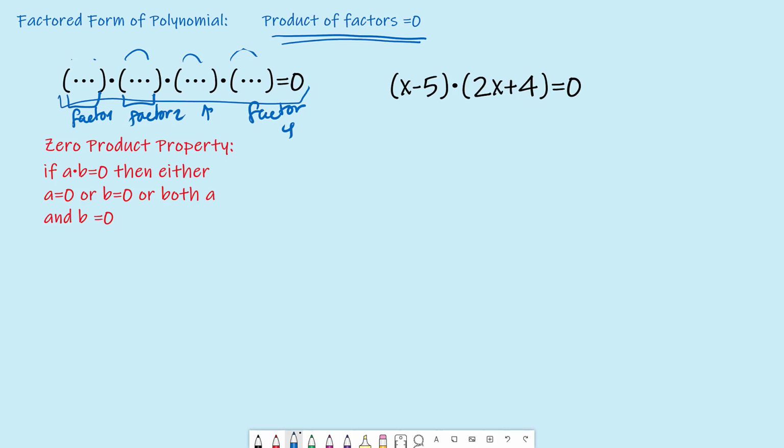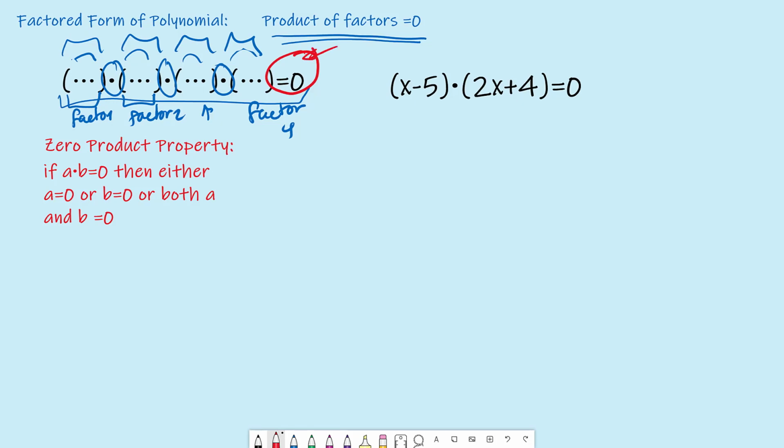The important thing is that we have our polynomial in a form that is given by a list of factors. They are combined with multiplication, right? They are multiplied, so it's a product. And importantly, the product is equal to 0. So our polynomial equation is in that form where it is equal to 0.